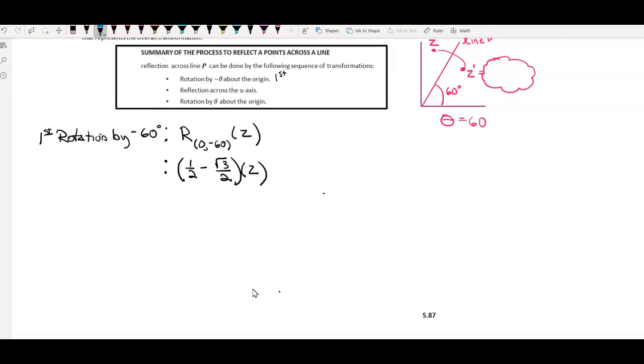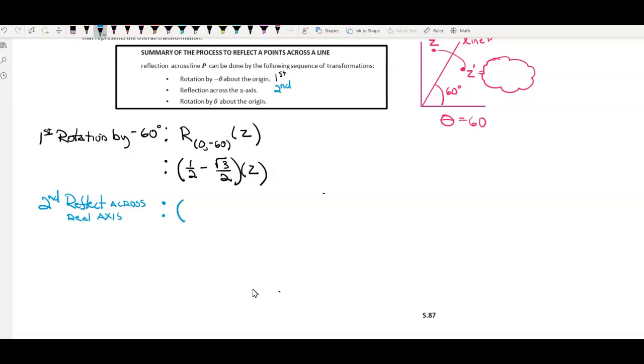Okay, so when you wanted to reflect something, our second step, the way that you reflect is you do the conjugate. So now I want to reflect across the real axis. Remember, the real is the same as the x-axis. So to do that, you do the conjugate of each one of these things.